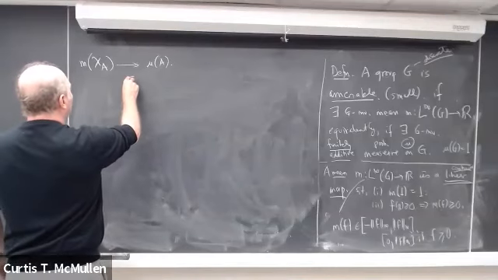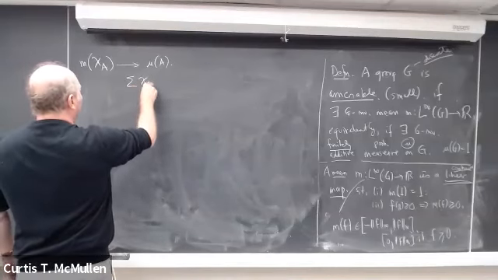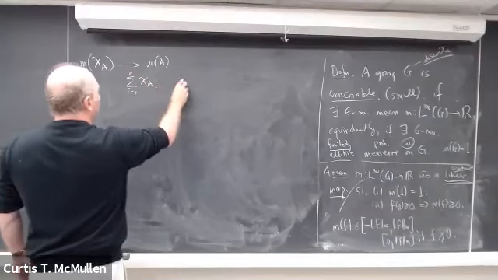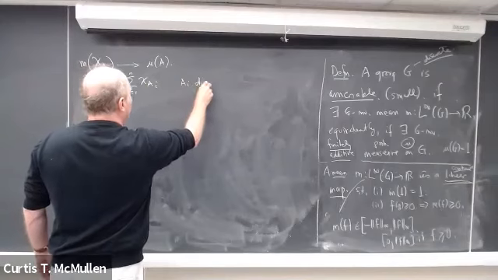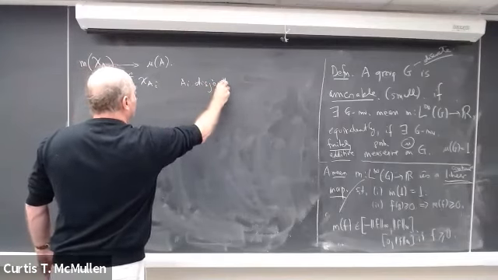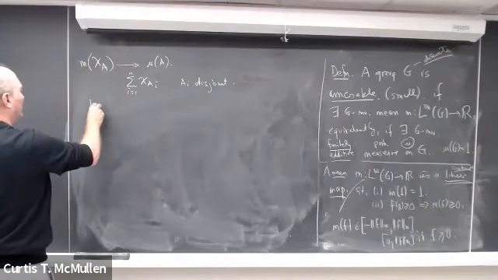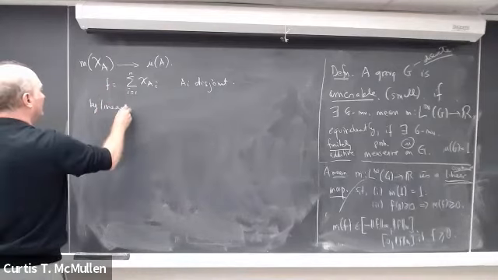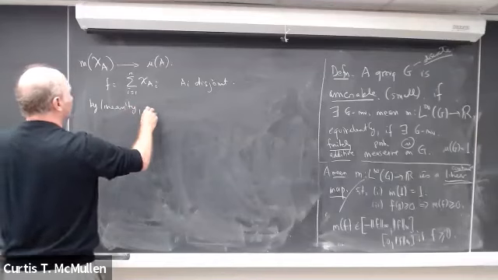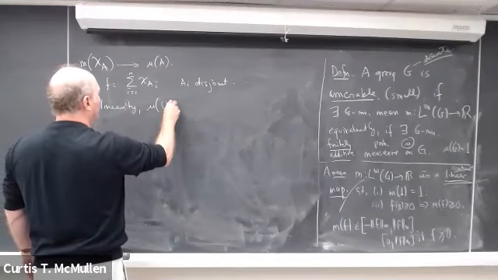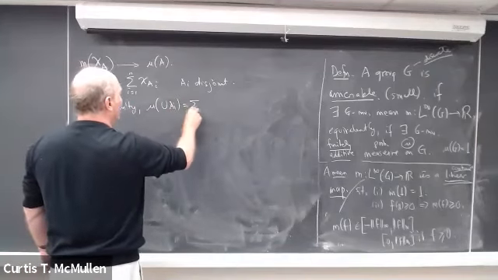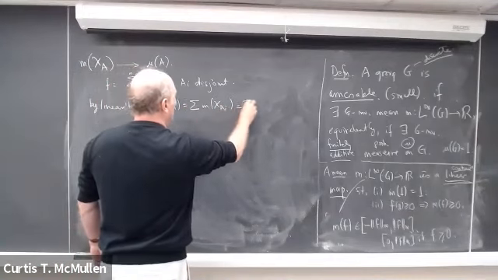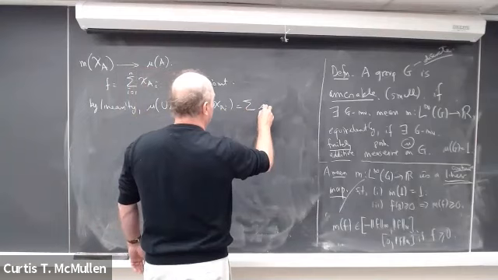If the A_i, i equals 1 to n, are disjoint, then by linearity, mu of the union of these A_i is the sum of the mean of the indicator functions of the A_i, which is the sum of the measures of the A_i.